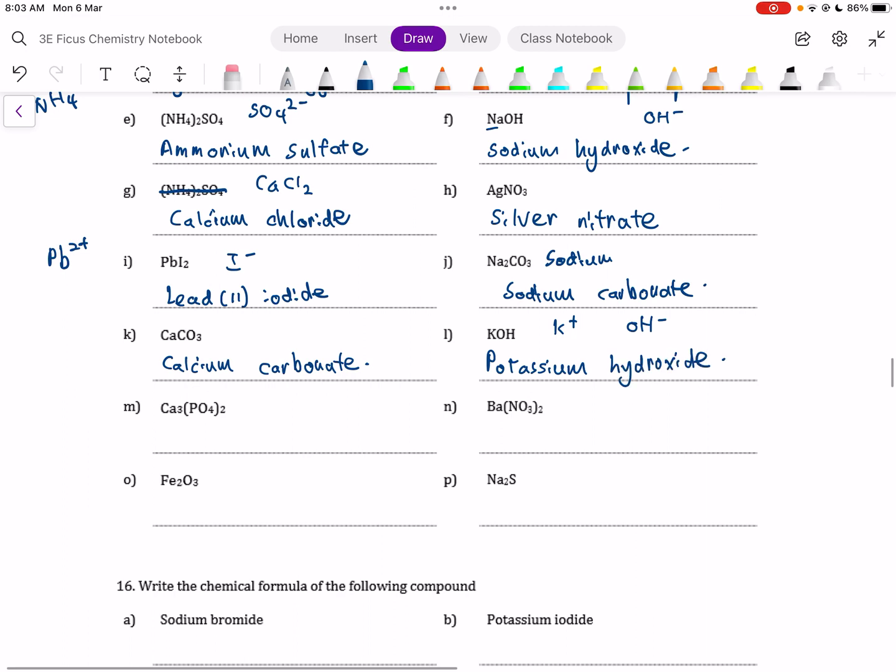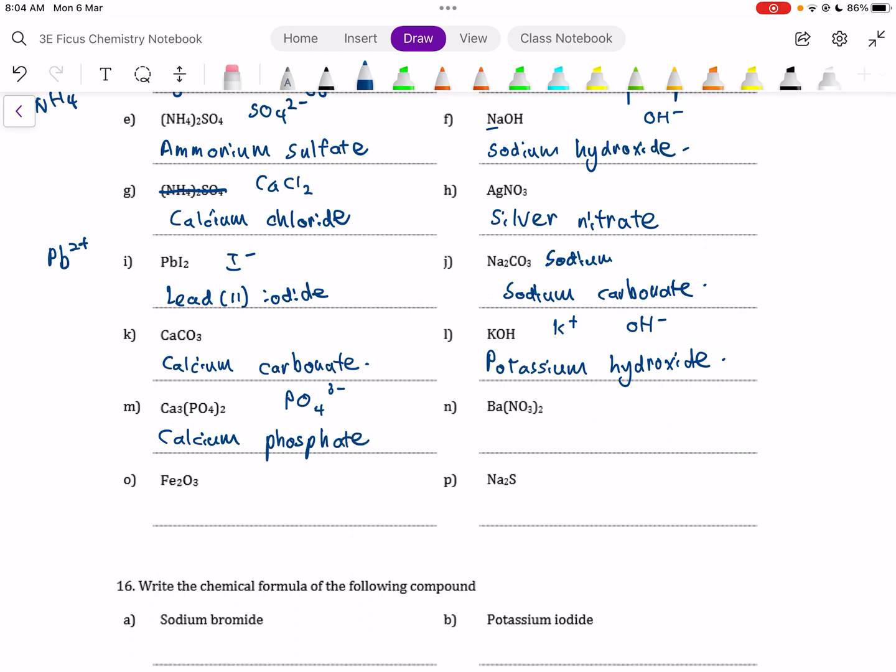Next part I have Ca again, so calcium, and then PO4 is the polyatomic ion, PO4 3 minus, the one with charge 3 minus. So calcium phosphate.